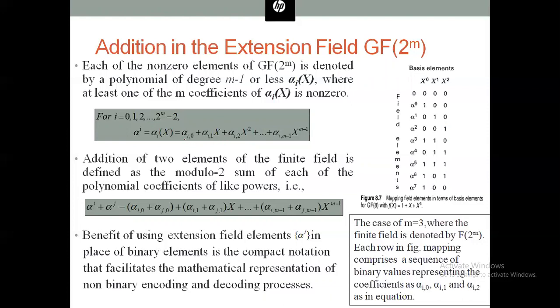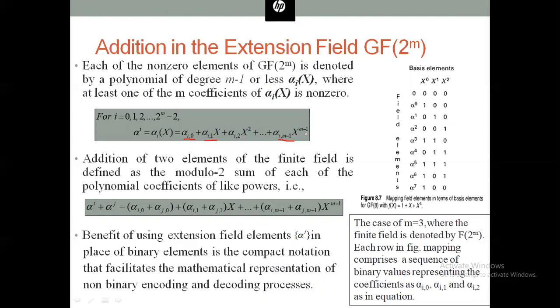These polynomials have coefficients ai0, ai1, up to ai m minus 1, which belong to the Galois field, and the polynomial has a degree of m minus 1.